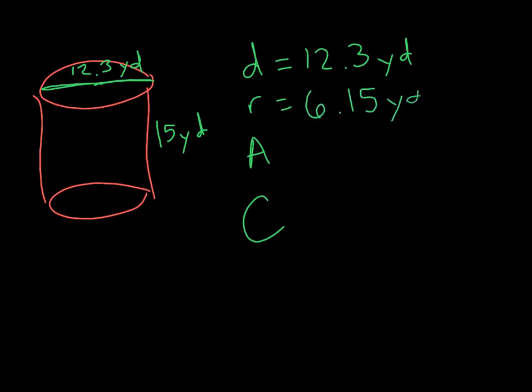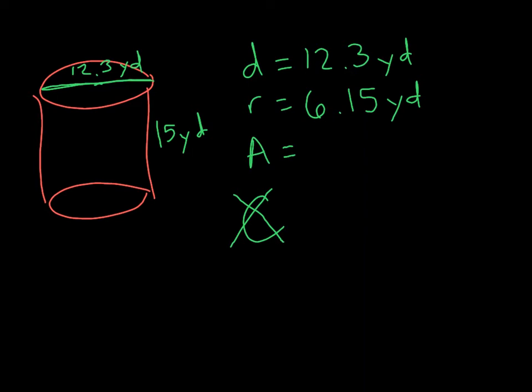6.15 yards. Now, when we are finding the volume, we are taking the area of the circle and kind of stacking the areas of the circle on top of each other for that whole 15 yards. So we're going to find the area, but we don't really have a need for the circumference. Even though I wrote CARD, that is just something I always do and a good habit, but we don't need the circumference, we need the area.